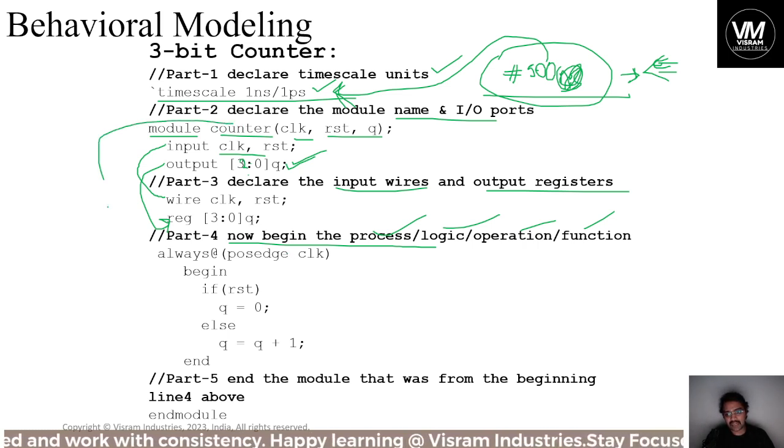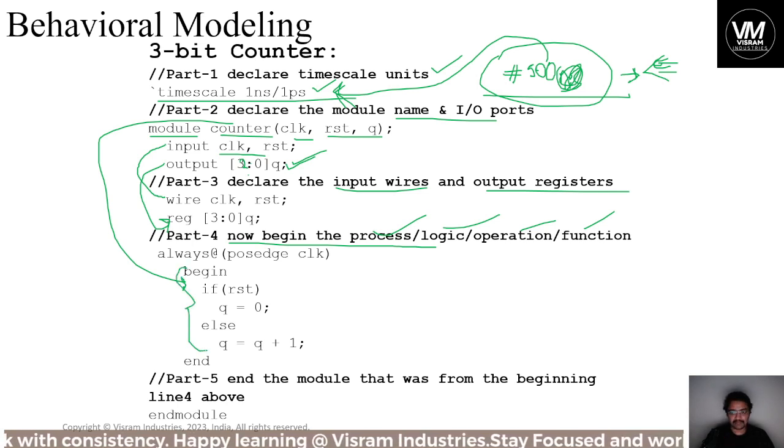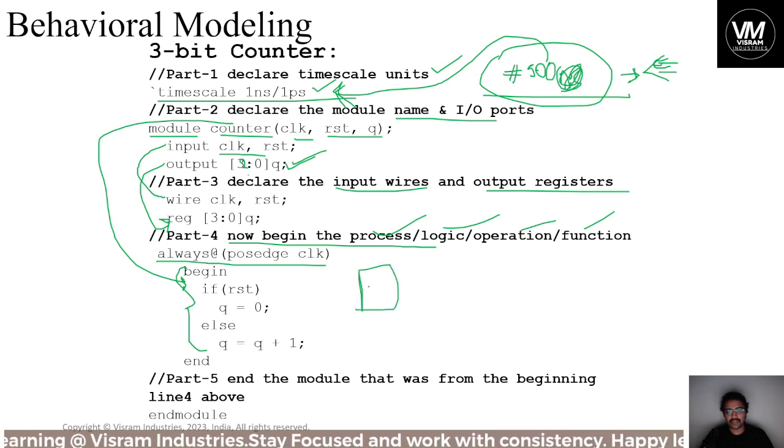That functionality will be given in terms of this always block. So the always block does the maximum functionality of whatever inputs and outputs of the process you do. This always block will be your black box of magic, where the actual operations happen.